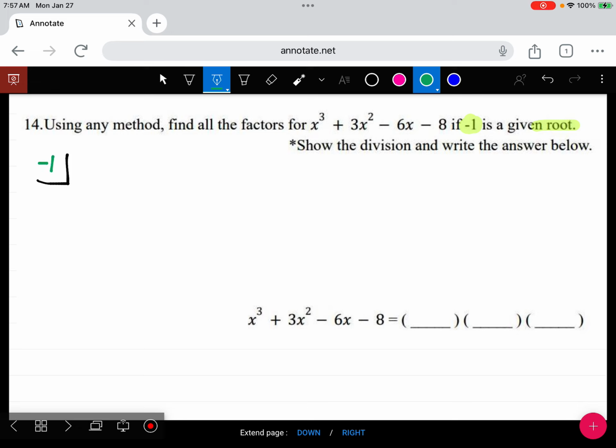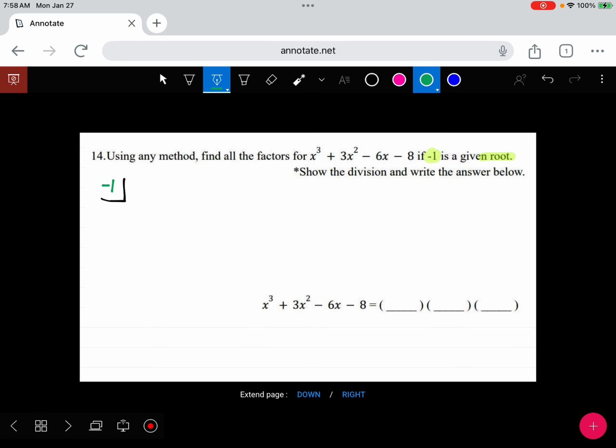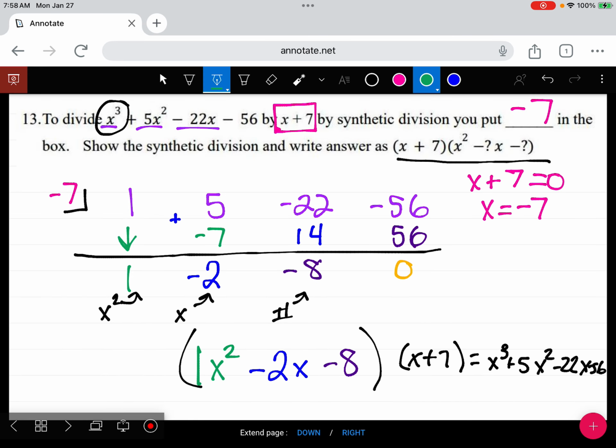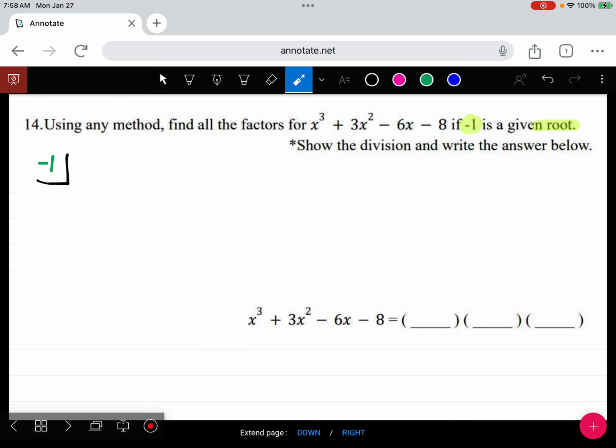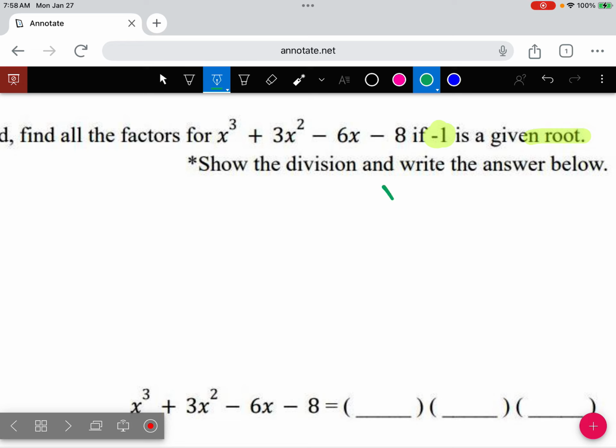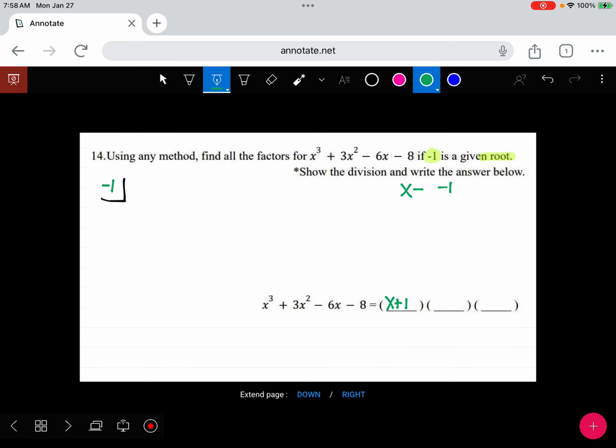So what would the factor for that piece be? If I wanted to go backwards and write it like the one in 13, how would I get the factor? Plus one. Yeah, so to get our factor, it would either be like x minus -1, which is the same thing as x plus 1. So that's one of our factors. After that, it's the same process we did on the last one. I just wanted to point that out since we were right here with it.